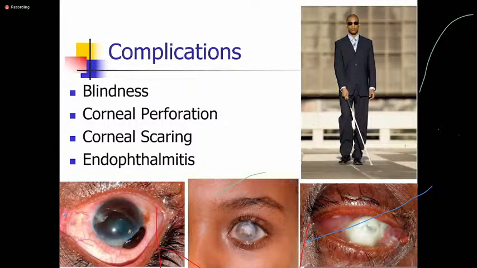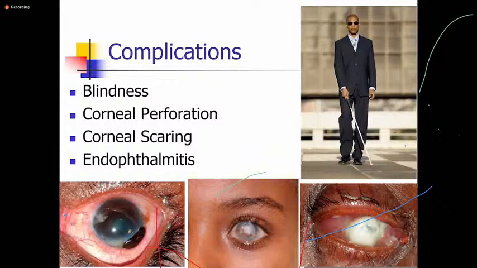So complications of corneal ulcers: it can lead to blindness, corneal perforation, like in this case, corneal scarring, or endophthalmitis. Endophthalmitis is when you have the infection going into the inner coats of the eye, the posterior segment of the eye. Remember, I had told you we are handling the structures in the anterior segment.